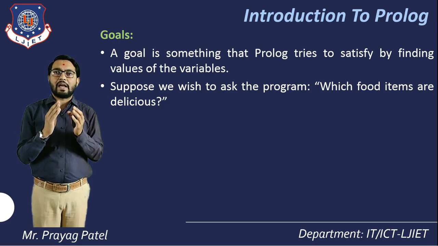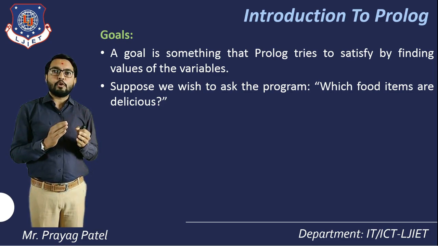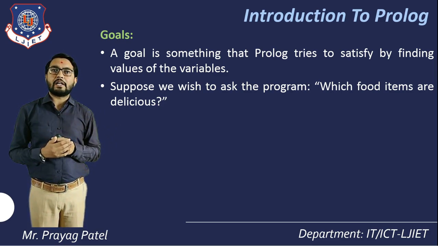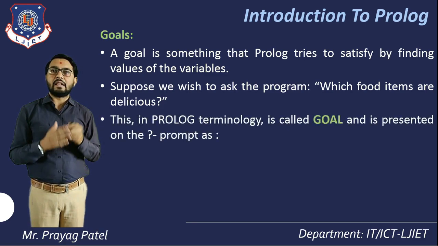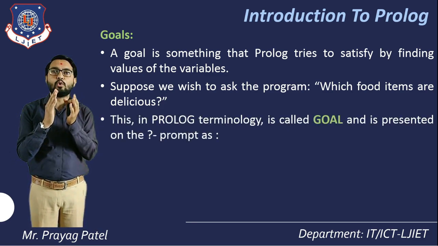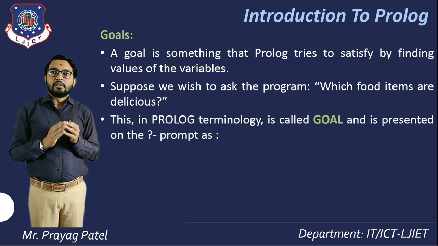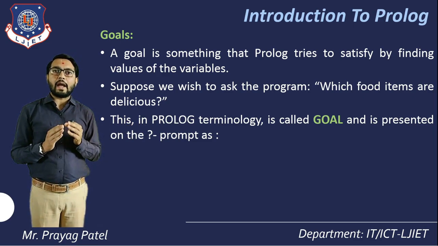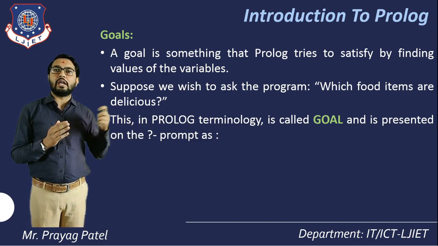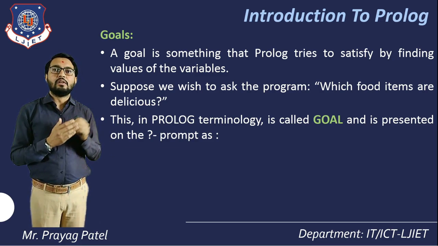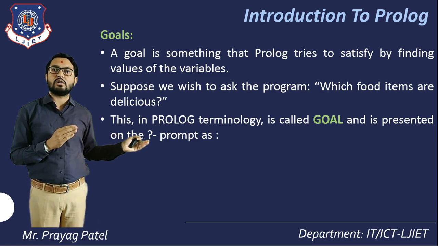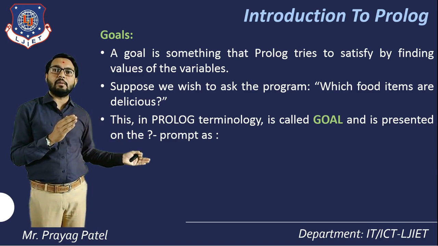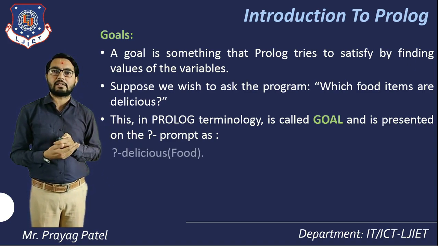So this is a goal statement. Suppose we wish to ask the Prolog program which food items are delicious. Then this question is considered as a goal statement. In Prolog terminology it is called the goal and is presented at the question mark dash prompt, because this is already given by the Prolog interpreter as the prompt.